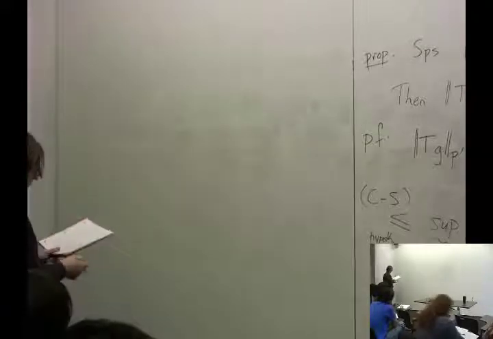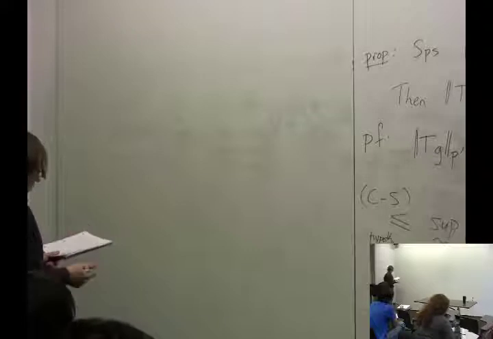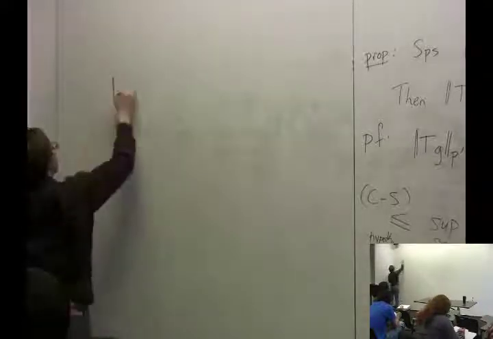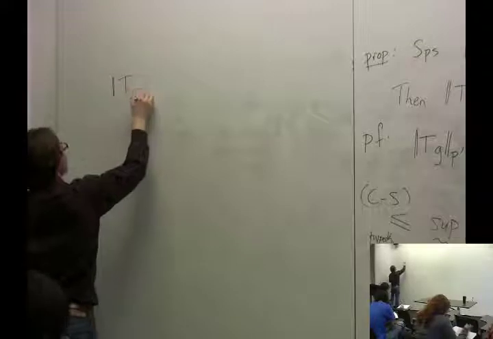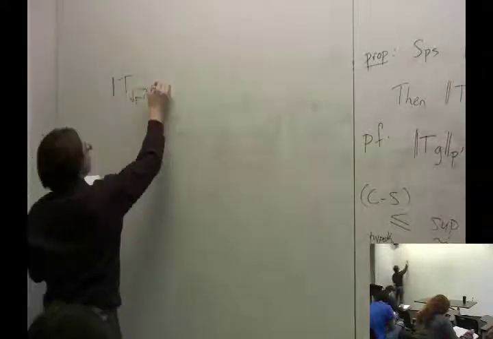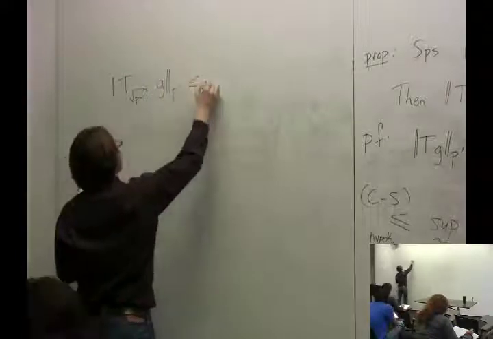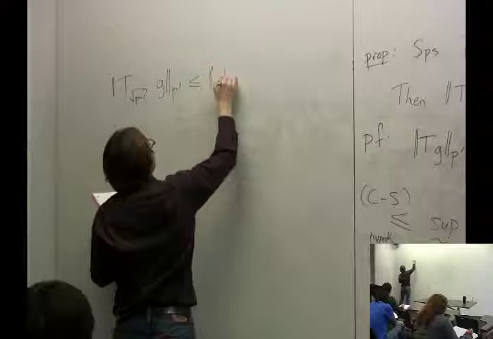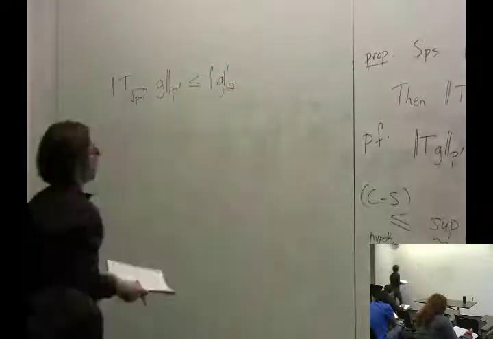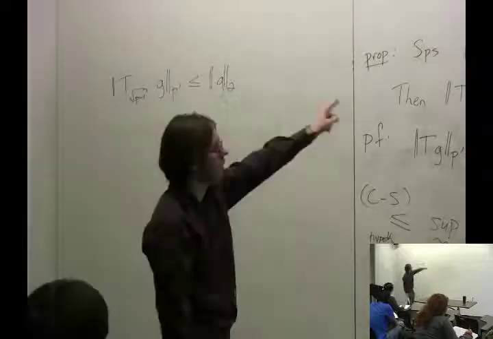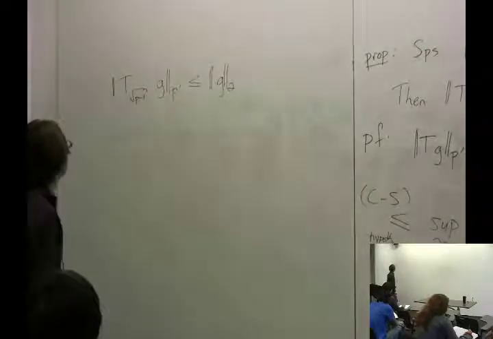So the point is now that we know that T root p minus 1 of, let's say, G in the P prime norm is at most the 2 norm of G for any G. Right, by this combination of these two facts.